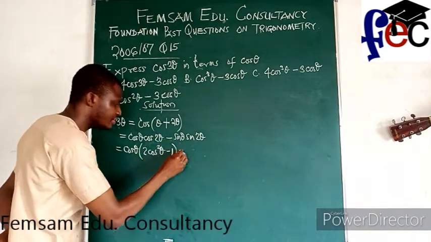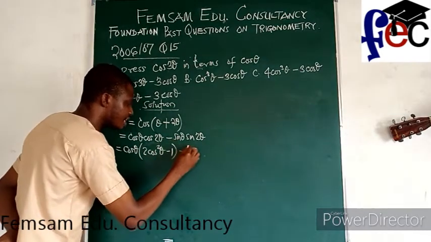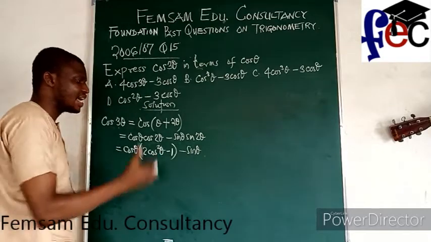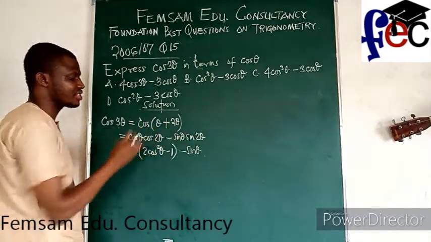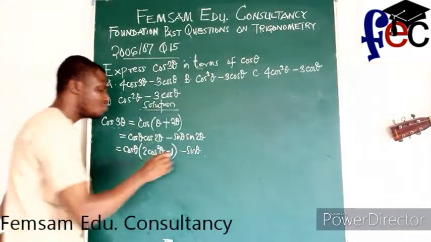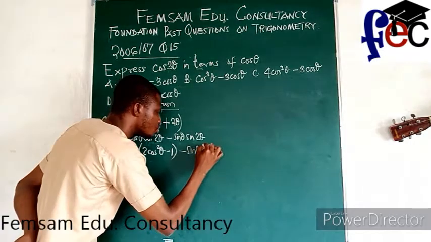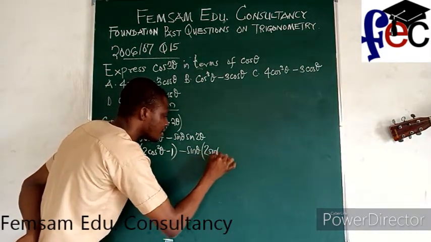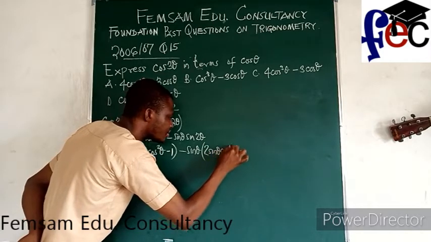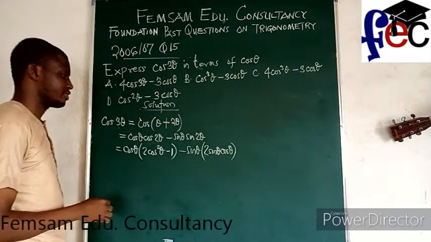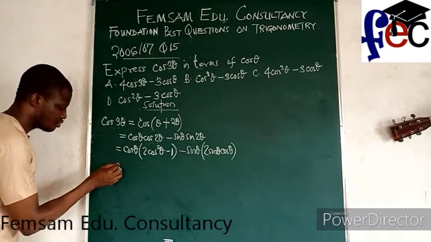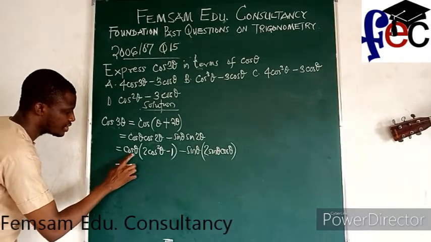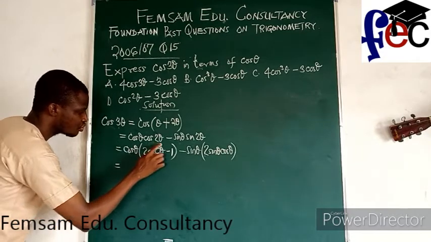Then minus sin theta, and I do know that when I apply the addition formula to sin 2 theta, that will give me, let me introduce a bracket, 2 sin theta cos theta.